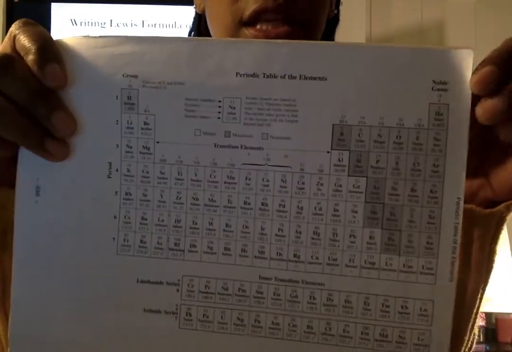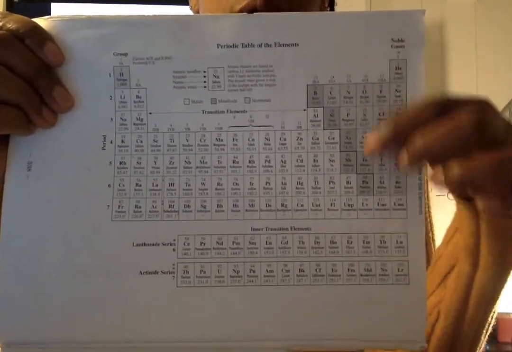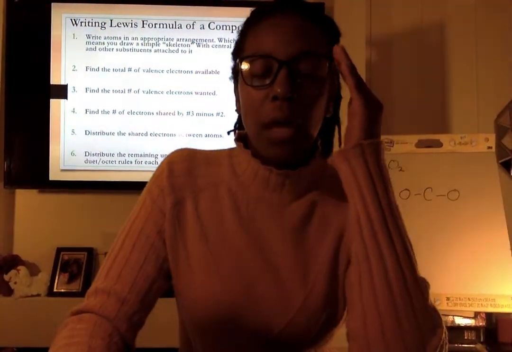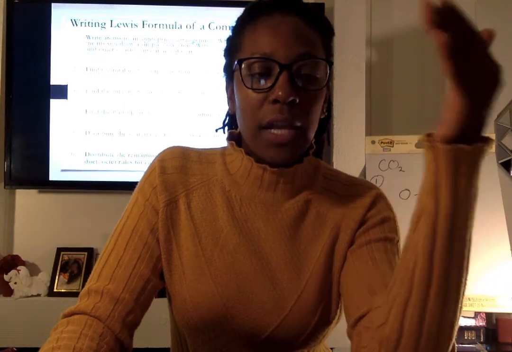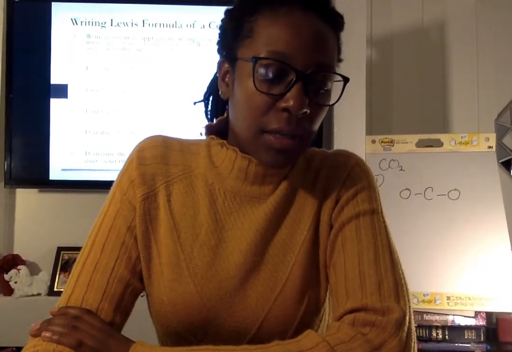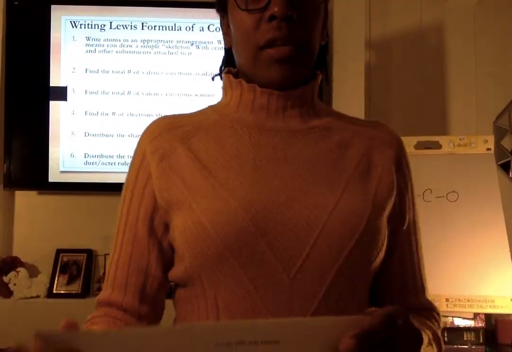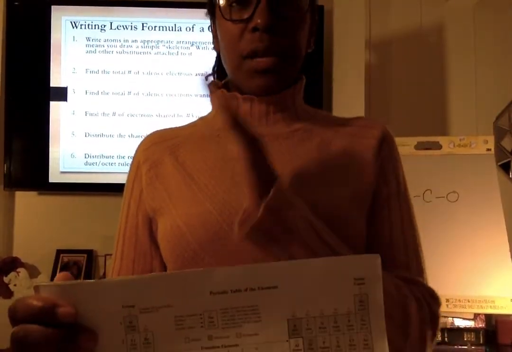So when you have CO2 or any type of compound, you basically take each one. It's very similar to finding the molar mass. You just add the different atoms together.